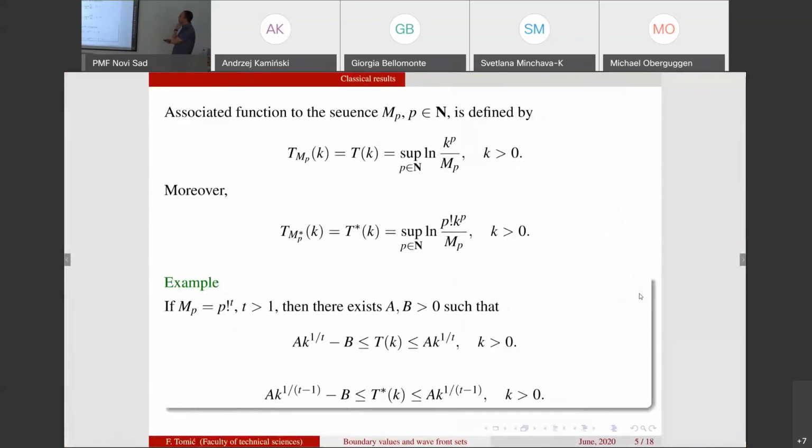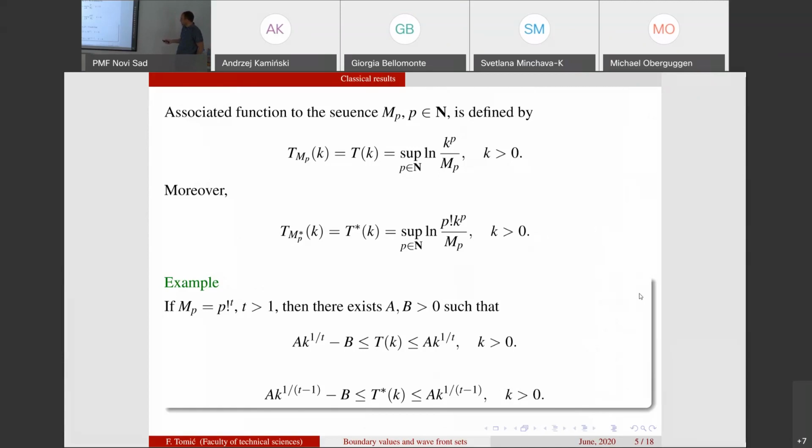There is one more notion that we need, the notion of associated functions. To each such sequence which satisfies the conditions on the previous slide, we can associate a function of this form, and we have one more function, T star, which is obtained if we have M_p over p factorial.